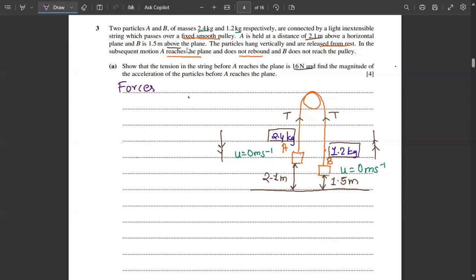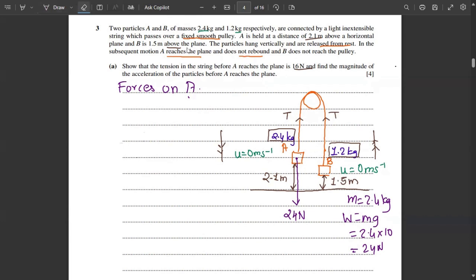Forces on A. Now, because A is right here, the mass of A is 2.4 kg. So the weight exerted due to the mass will be mg, which is 2.4 into 10, which is 24 Newton. So this will be 24 Newton.